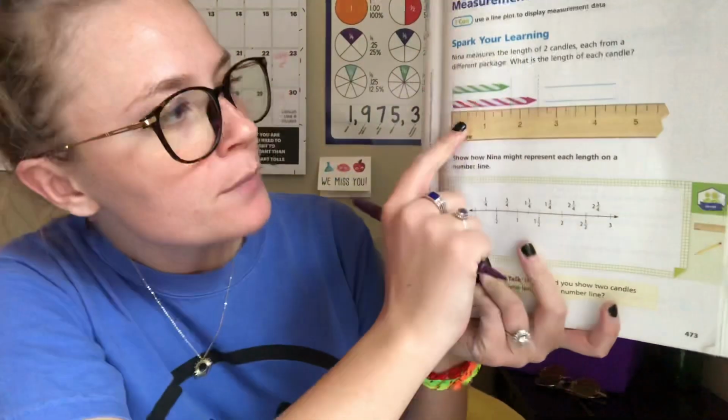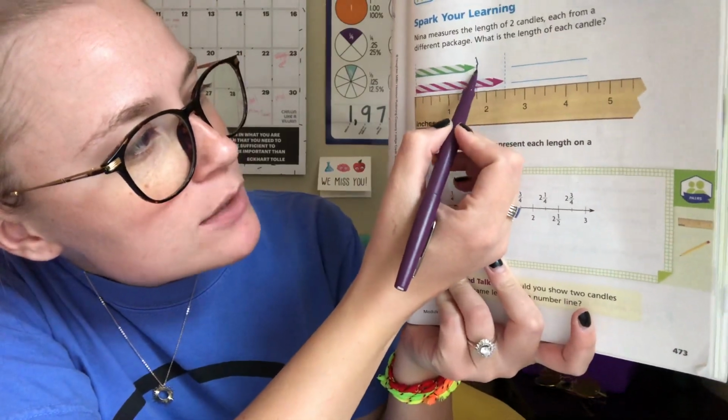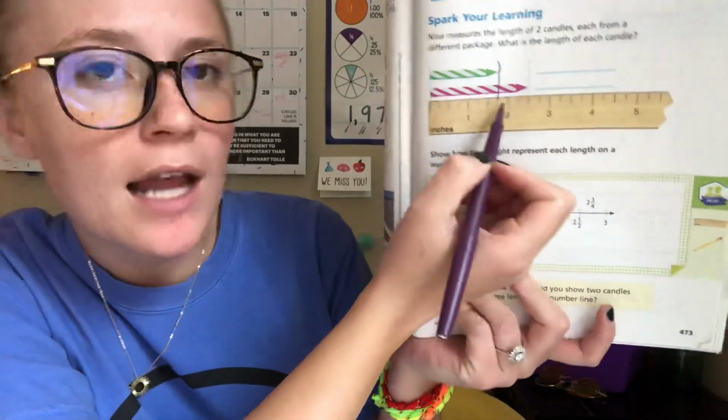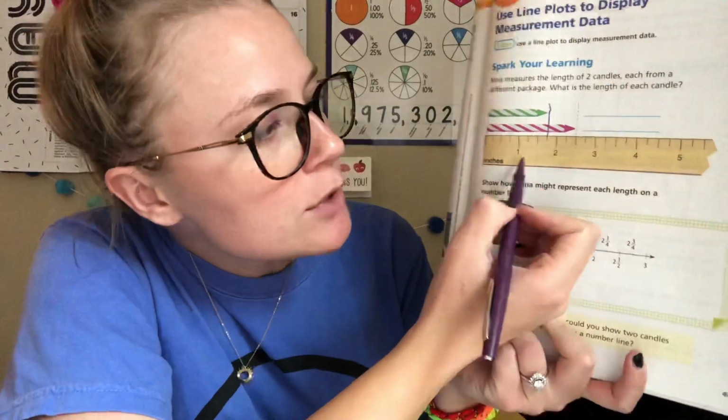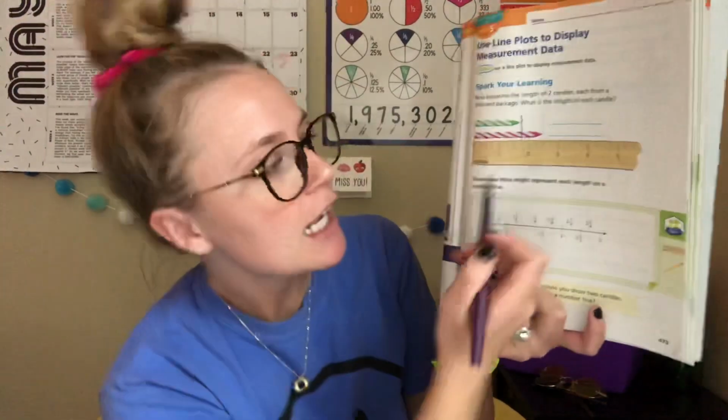The Spark Your Learning says Nina measures the length of 2 candles, each from a different package. What is the length of each candle? They are lined up onto this ruler, so we'll look at the edge. The edge of this green one is on a part, not a whole inch. Let's look at how the inches are divided.